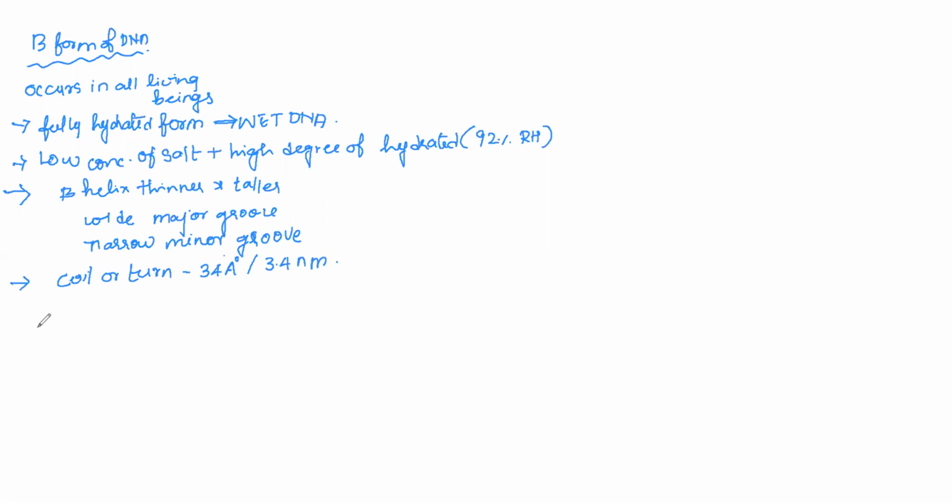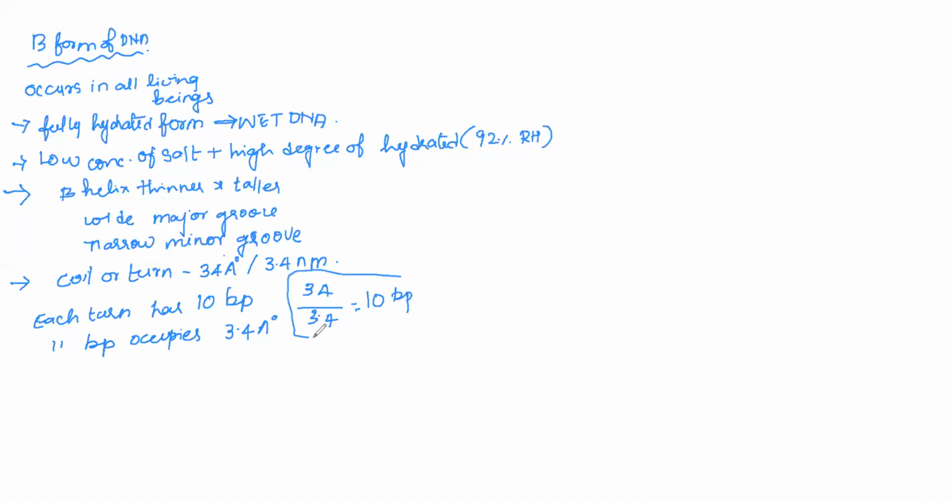Each turn has 10 base pairs, and each base pair occupies 3.4 angstrom. You can just divide 34 by 3.4 and it will give you the number of base pairs per turn. It lies the same in all the forms of DNA.